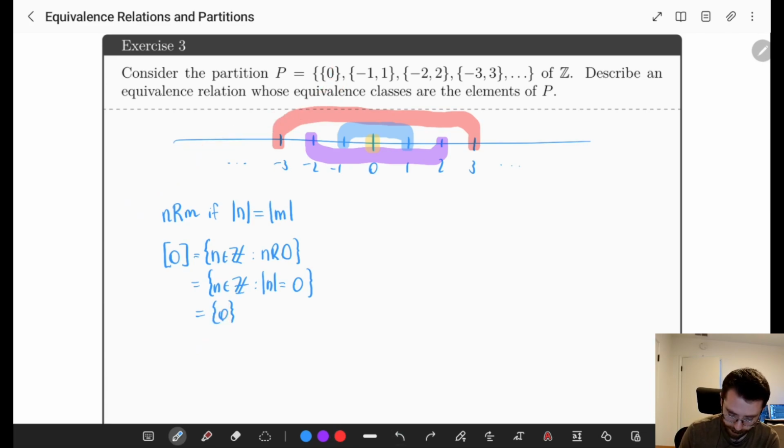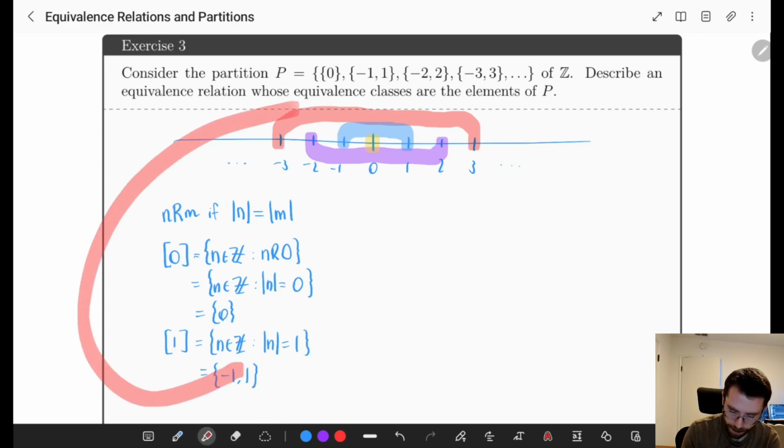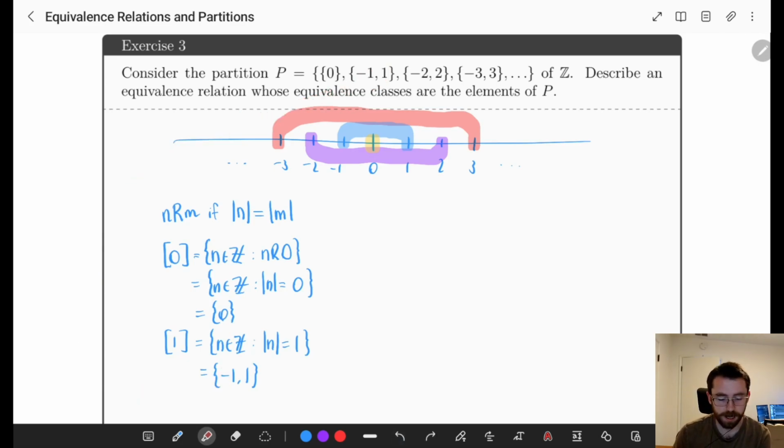Right? Equivalence classes should partition. The equivalence class of 1, similarly, is the set of all integers such that absolute value of n equals 1. But now there are two options. Absolute value of -1 is 1, and absolute value of +1 is also 1. Ta-da! And you can kind of go through and verify the others. So that's an equivalence relation that gives you the partition stated in the problem. Cool.